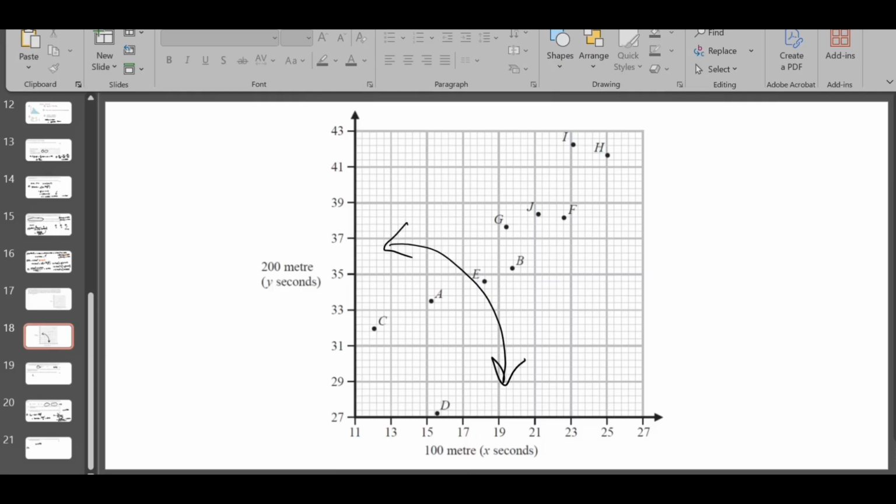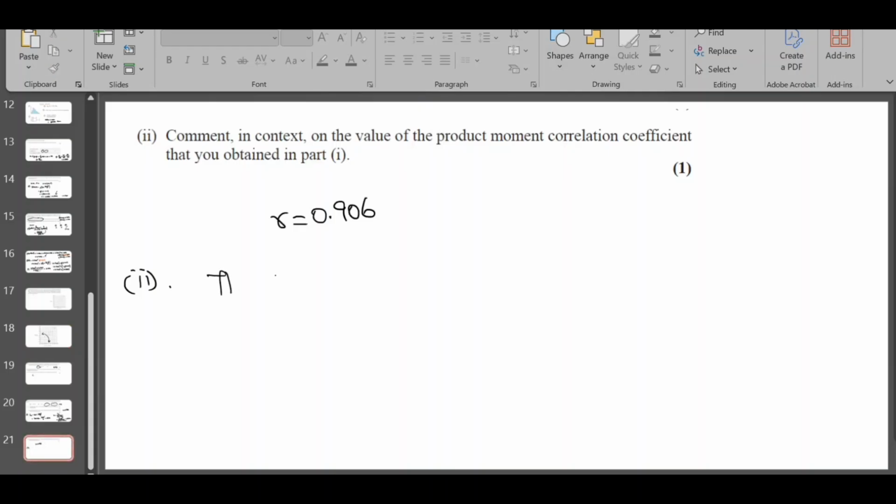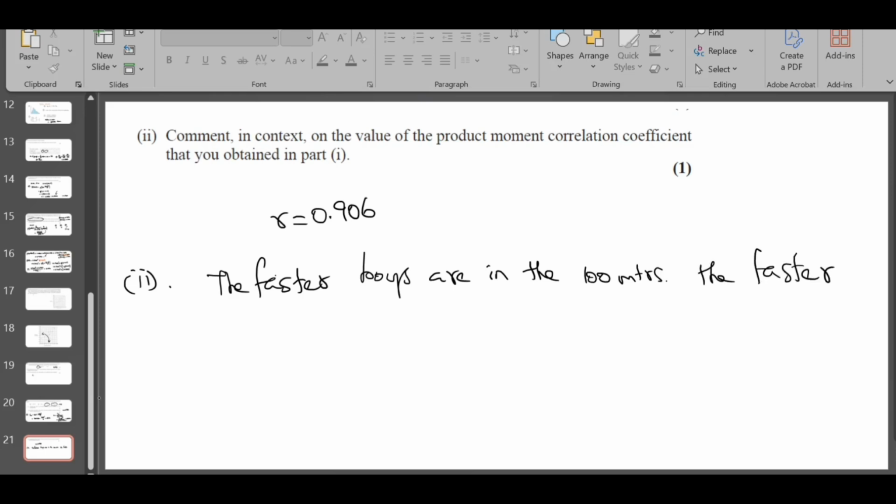That means if someone is taking less time to complete the 100-meter race, he's faster in the 100-meter race, definitely he is going to be faster in the 200-meter race also. So you can write, the faster the boys are in the 100 meters, the faster they are in 200 meters. That's all. Just a one mark question.